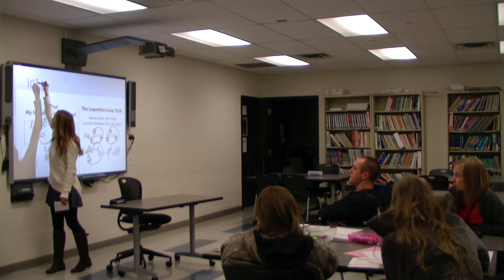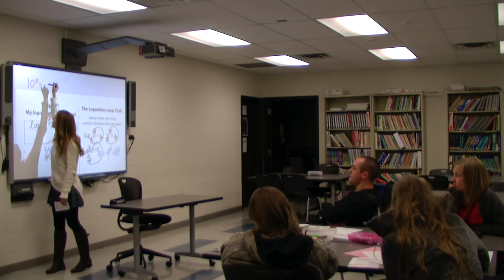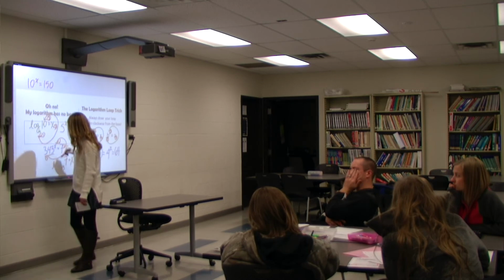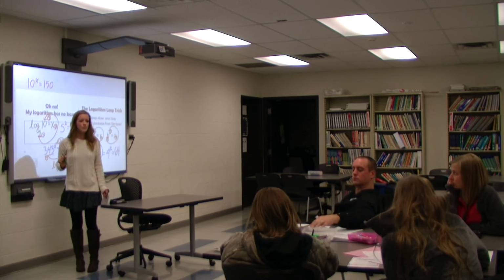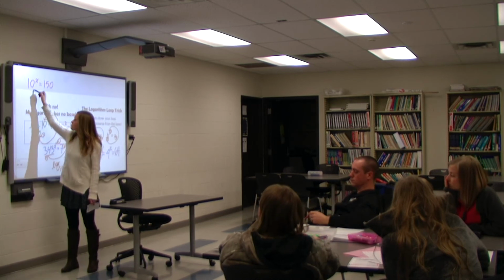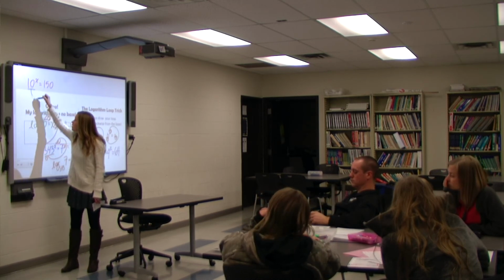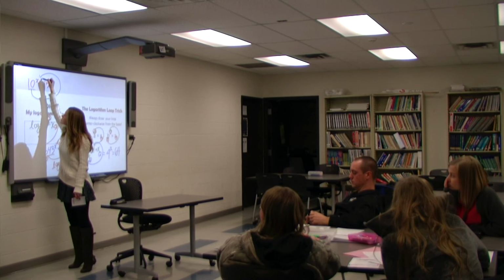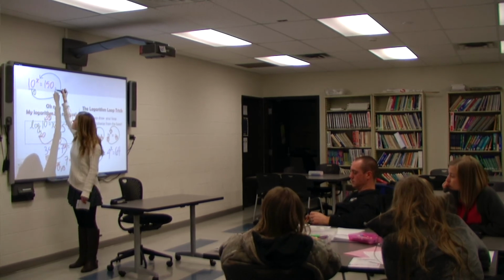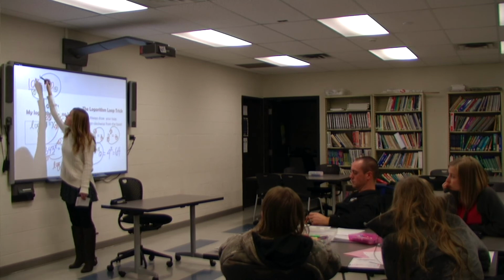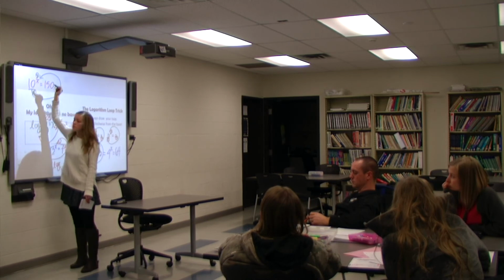So, we'll do 10 to the x equals 150. So, where do we start our loop? That's a 10. Good. And then we're going to draw it all the way around to the x. And then our number 1 is 10, our number 2 is 150, and our third value is x, right?